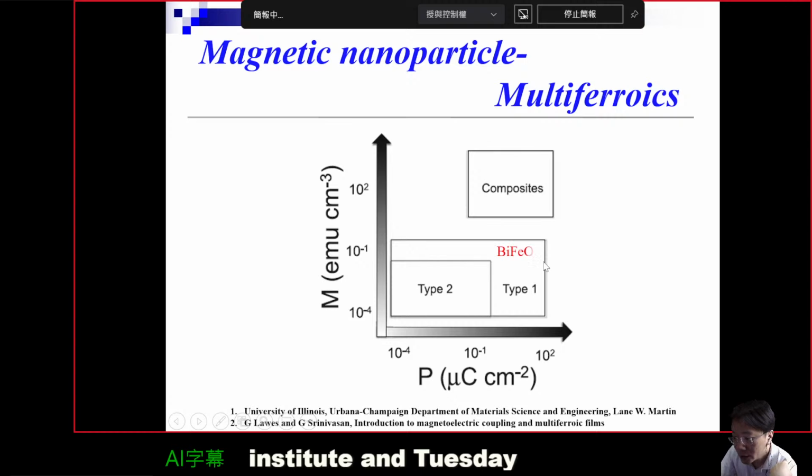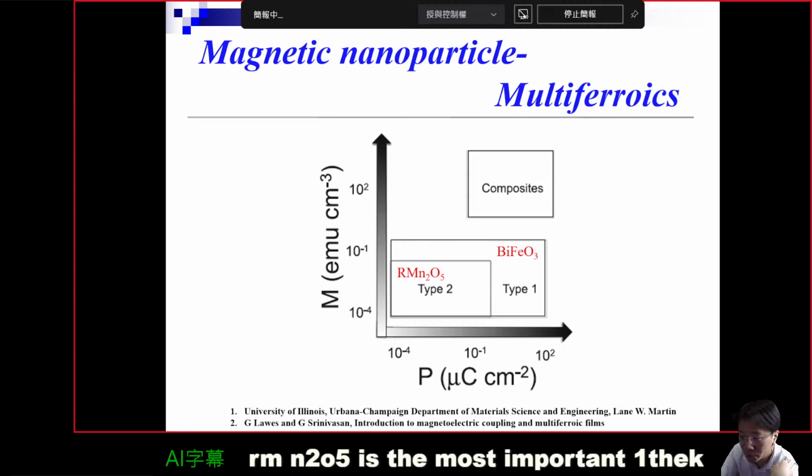The typical type 1 multiferroic is bismuth iron oxide. And for the type 2 multiferroics, RMn2O5 is the most important one.